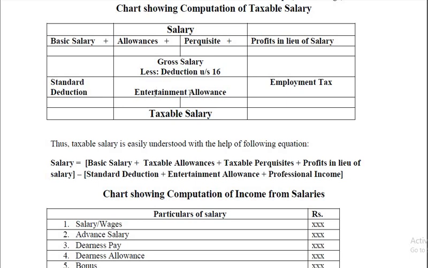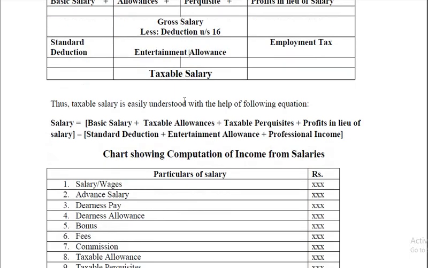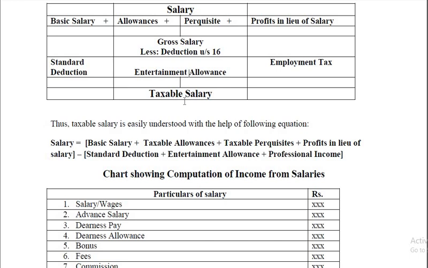Then entertainment allowance. Entertainment allowance is allowed to the employees and that is fully taxable. Then if it is allowed to the government employees, that is deductible. To what extent is it deductible? 1/5 of salary, that is basic salary, or rupees 5,000, or actual entertainment allowance.